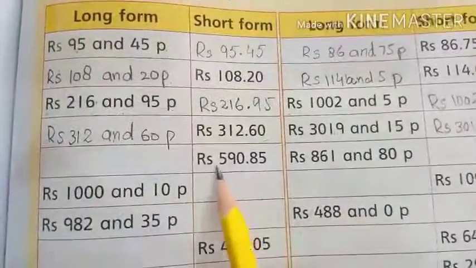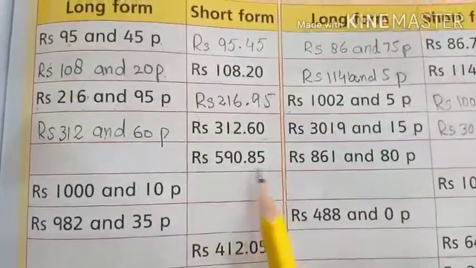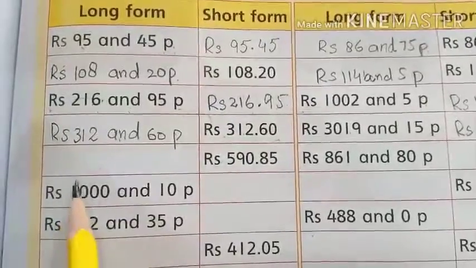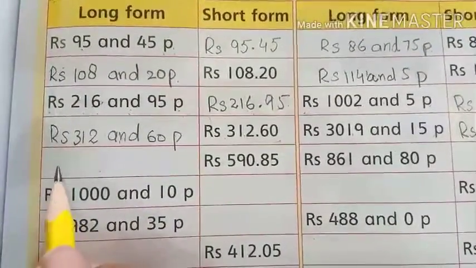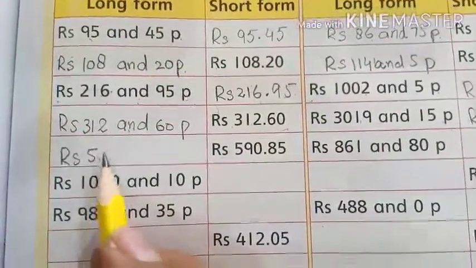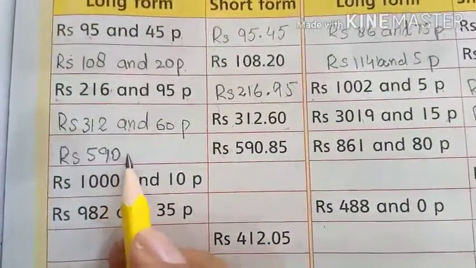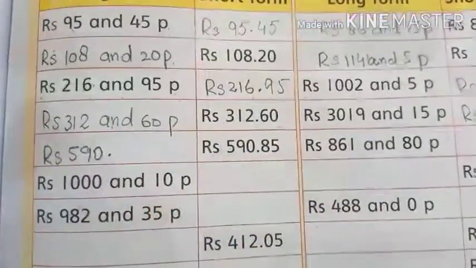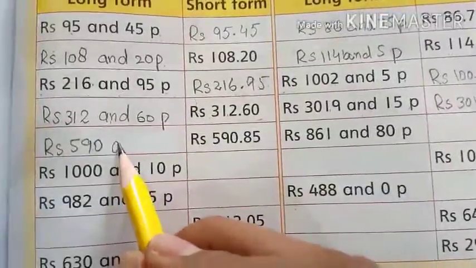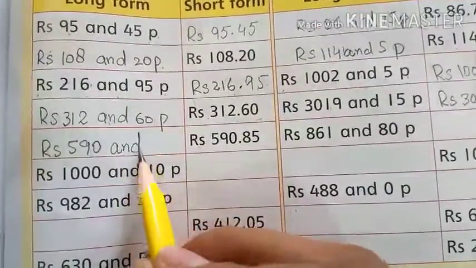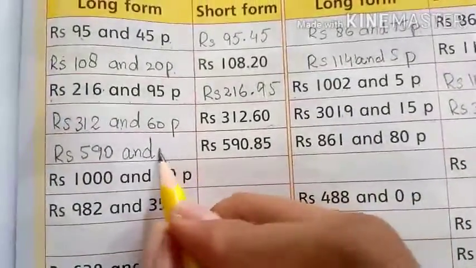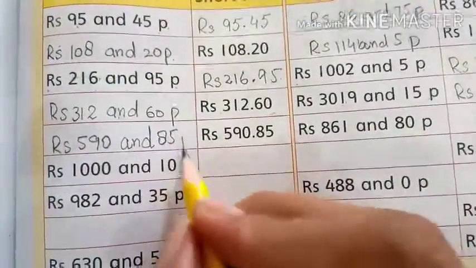The next one is given in the short form, rupees 590.85, and we have to write in the long form. We will write in the long form like this: rupees 590 and as we have 85 here, so we will write 85 paise.